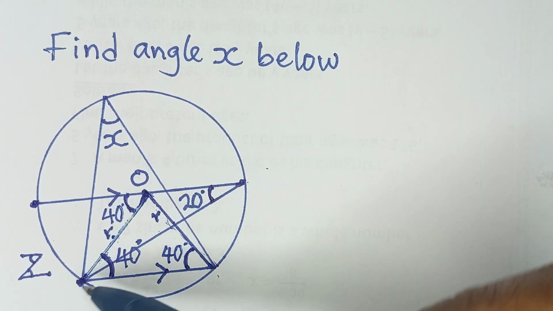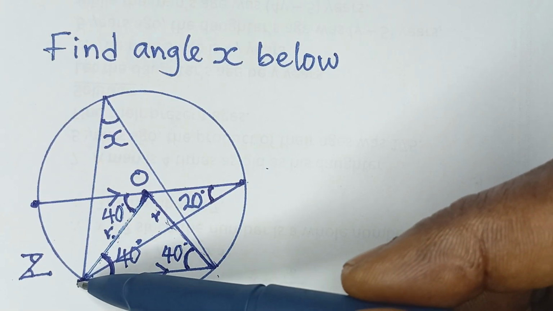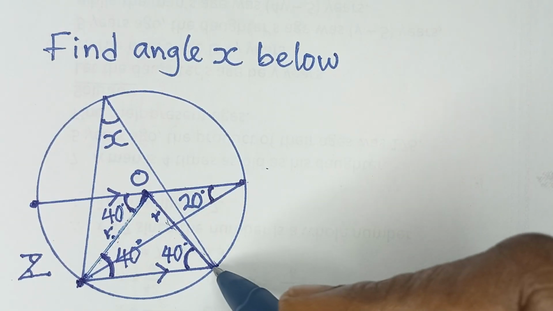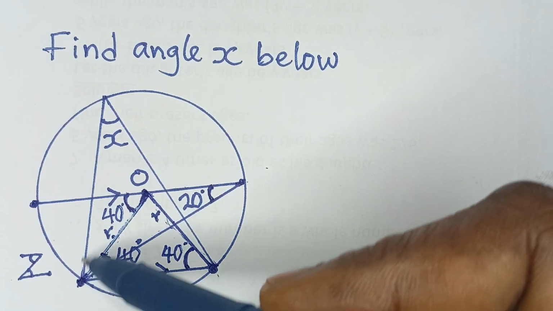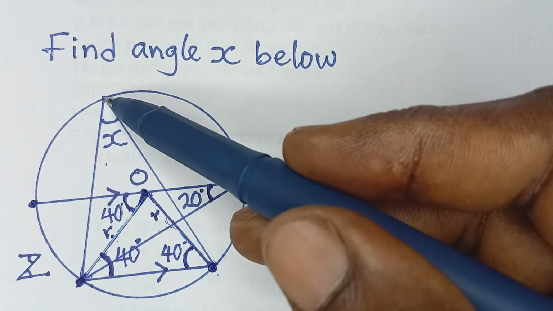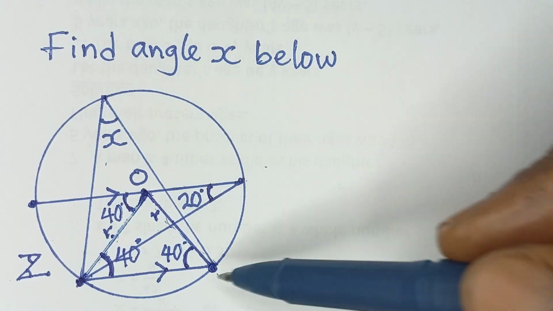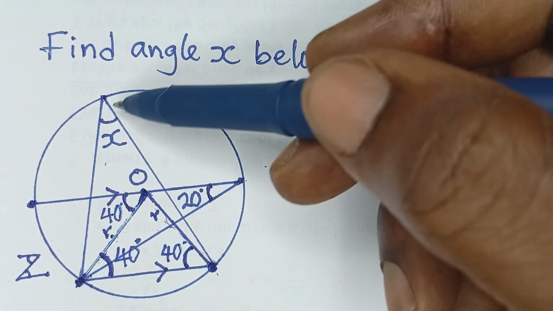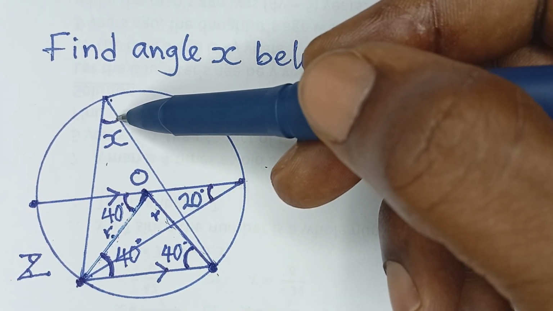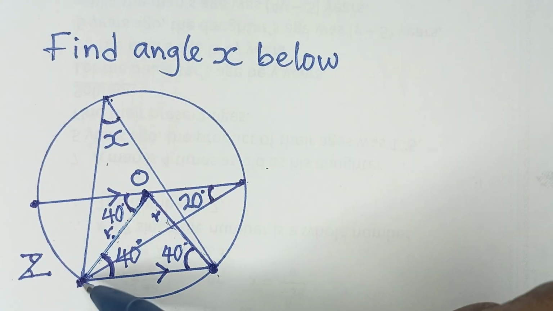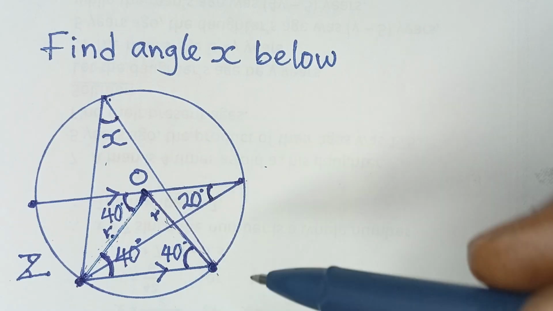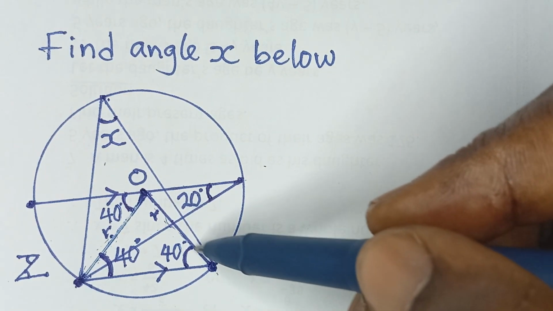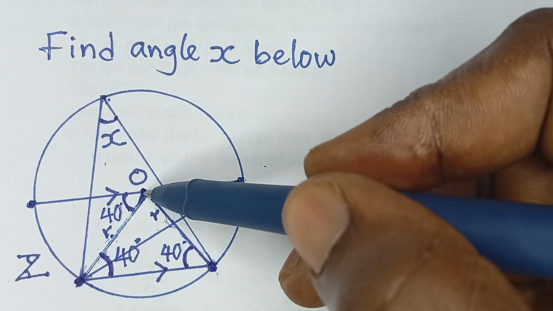Now, coming back to this triangle, we have from this point and now this point, 2 points again that I'm taking, lines that move to the circumference of the circle. We have another line from this point going to the circumference of the circle to form the angle X. Similarly, from this same point, I have a line going to the center of the circle, and from this same point, I have a line going to the center of the circle. I want to believe you already know where I'm going.